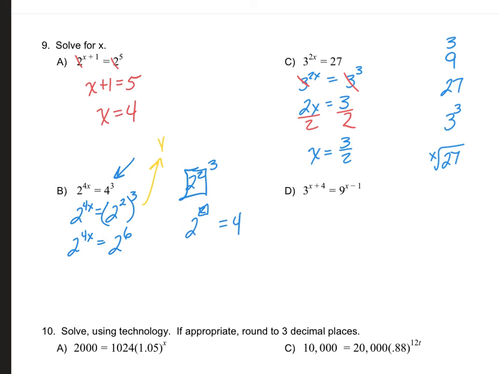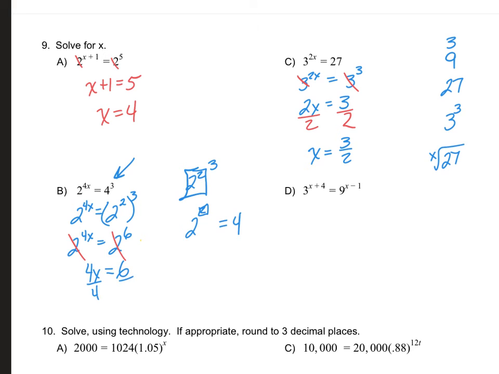So 2 times 3 is 6. And again, put it in your calculator and see if it comes out to 2 to the 5th or 2 to the 6th. It should be an equivalent amount. Common bases will cancel. Common base of 2, so we mark those out. And what we're left with is 4x equal to 6.